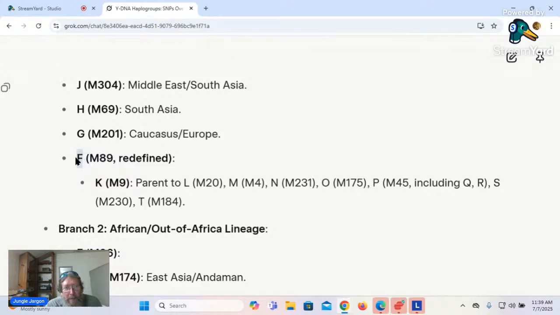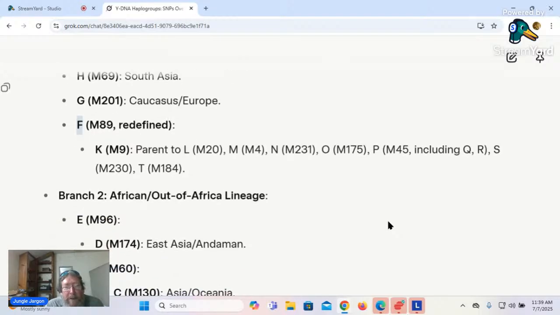The F1 through 5 I have as Aram, and the F undefined I have as Lud, or the Lydians. F of the Arameans, because both of them had trade to India, and they're only very rare in India.